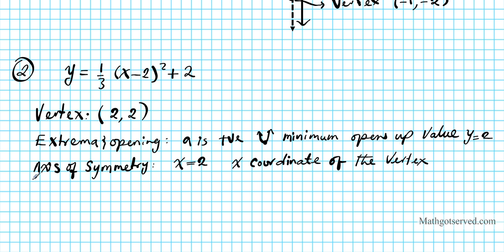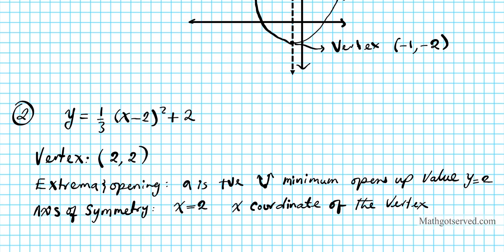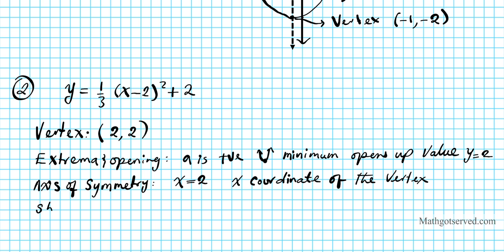And then next thing we need to find are the shifts. We have -2 inside the parentheses, so that means we're going to go 2 units to the right, and then 2 units up. And then the width.